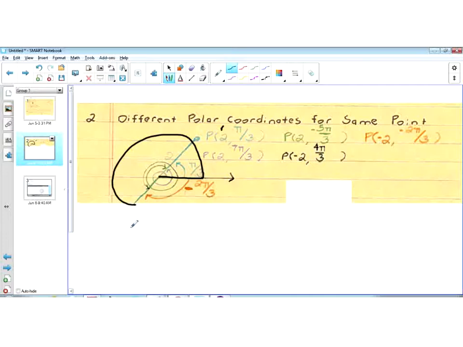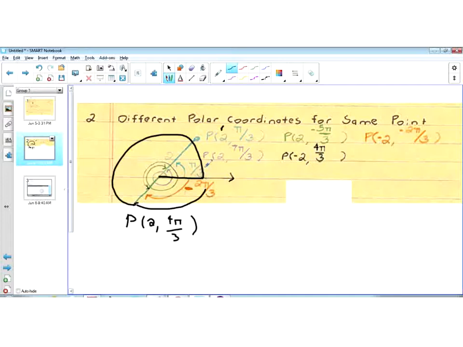So the coordinates of this point would be, I'm sorry, not R, but P. We should use P. So here we have P, coordinates would be 2, 4 pi over 3. And so the rule is, once you have identified this point, and since R in the original equation is negative, we have to take the point and rotate it 180 degrees counterclockwise.